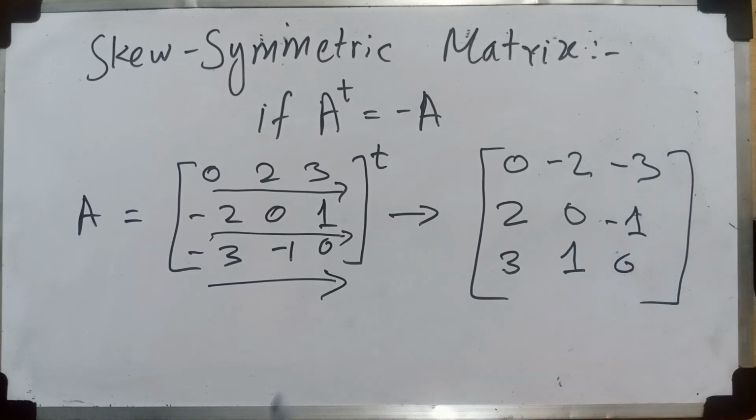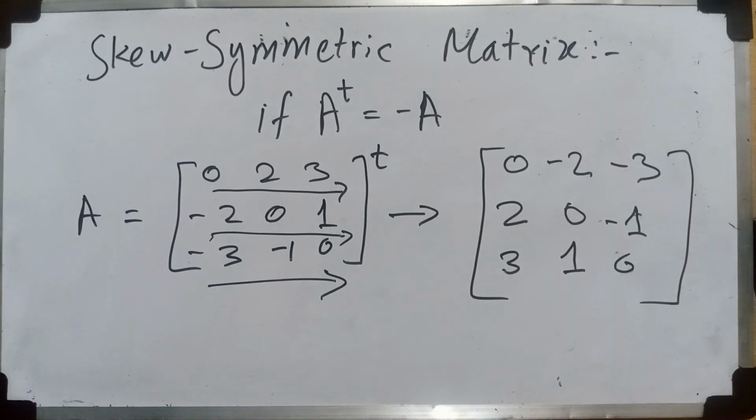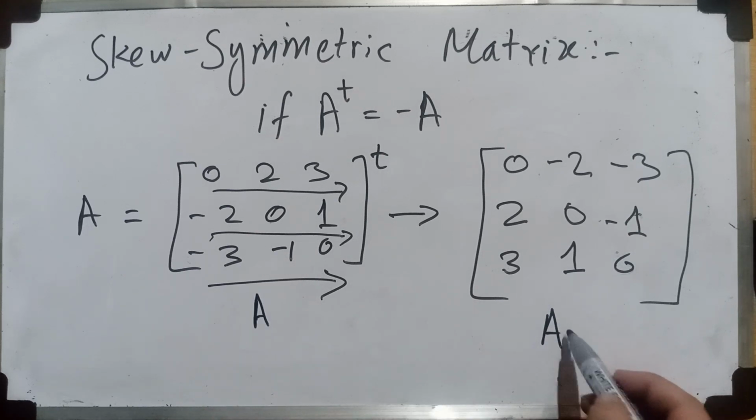And as you can see, its polarity sign there is opposite to the original, which is, if you add them together, now it's the negative of the original. So if you perform a transpose operation on a certain matrix and it becomes the negative of the original matrix, that type of matrix is called a skew-symmetric matrix.